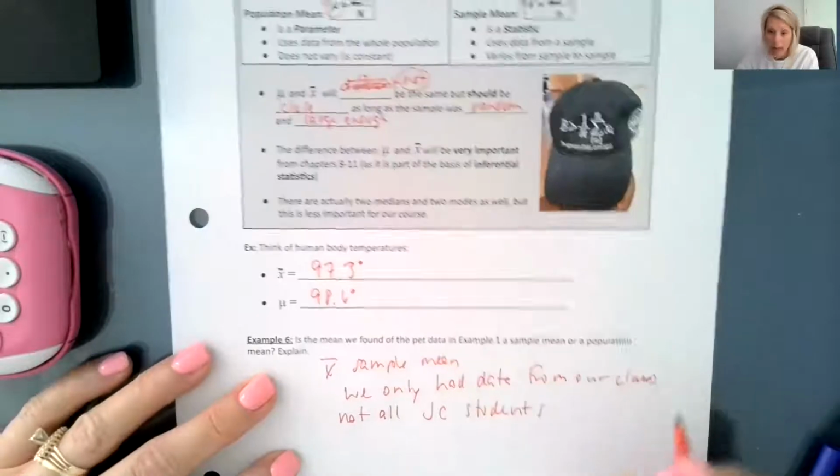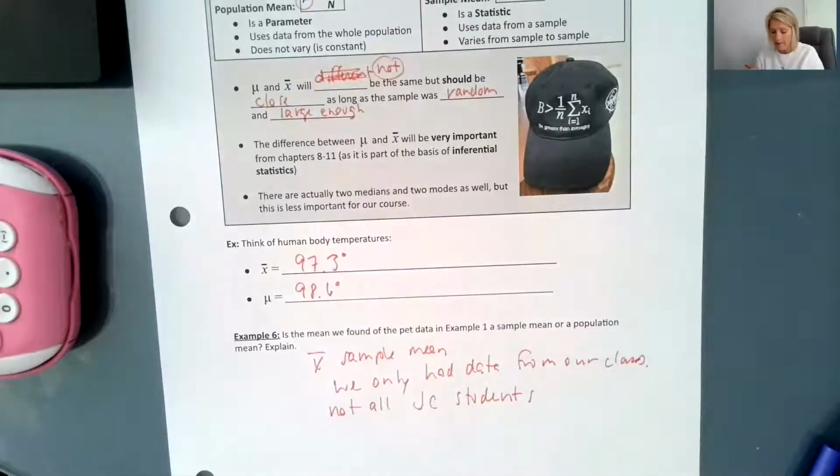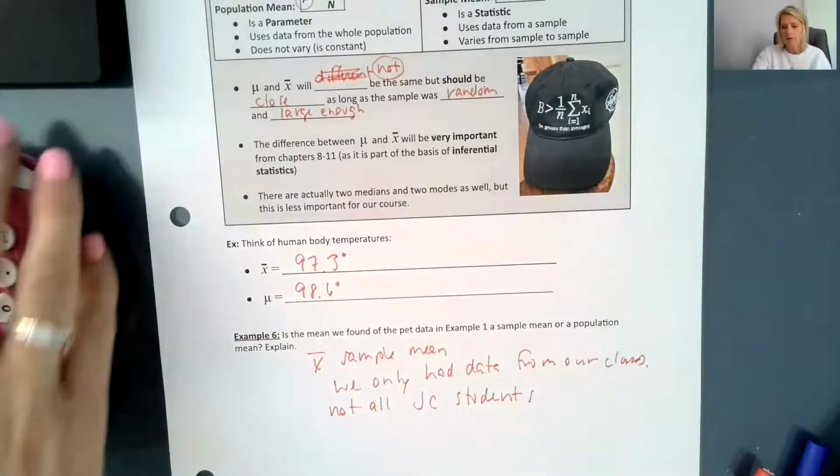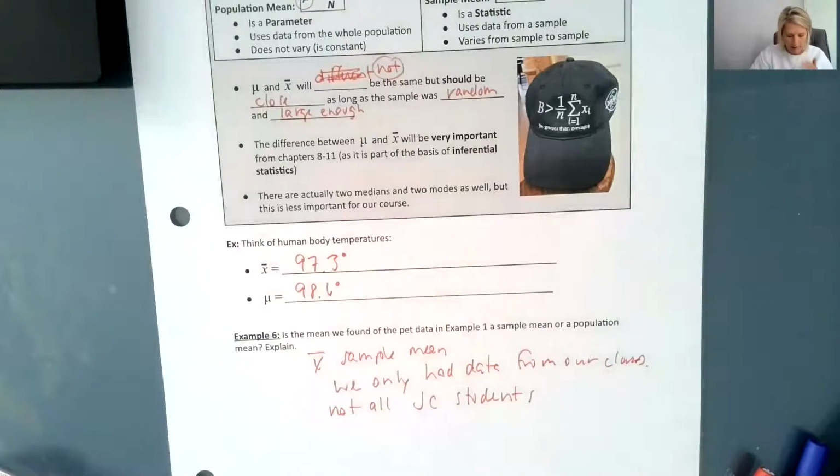Now, we could have said our class is the population, and so we had data from everybody in our population, right? And that if we would have taken a sample of our students, then that would have been different. So you have to decide what you are measuring as your population. And that will define if you have sample or population data.